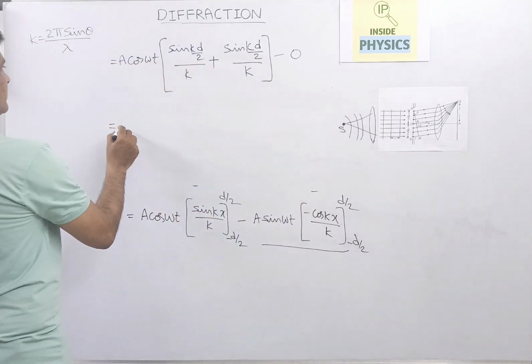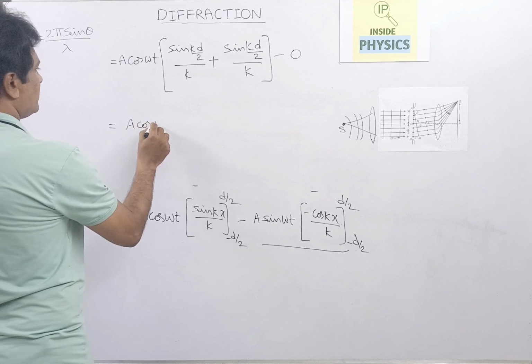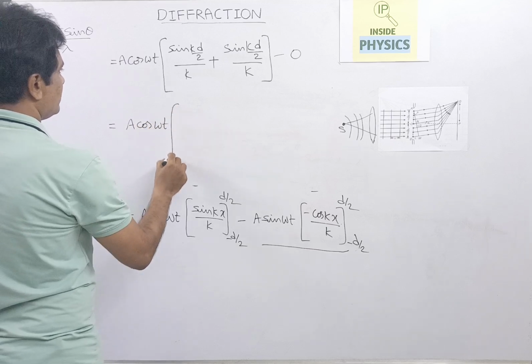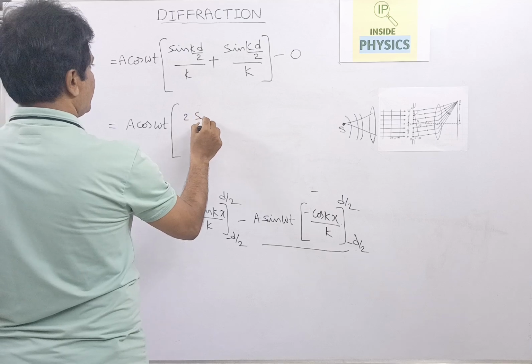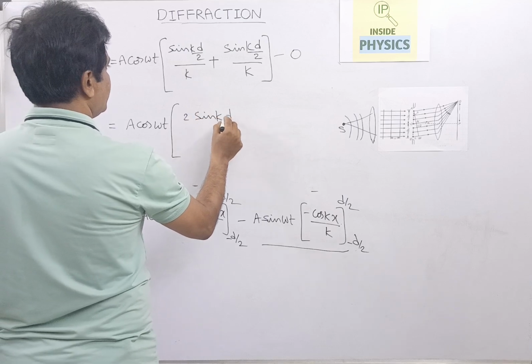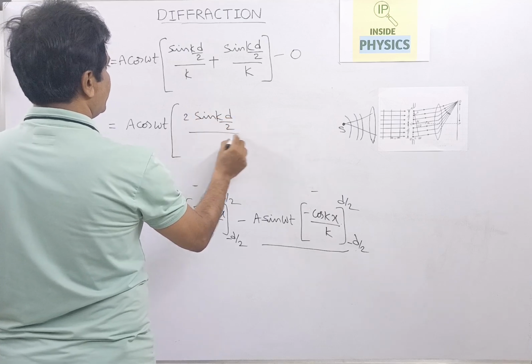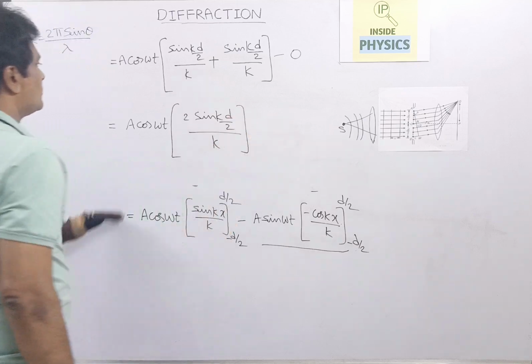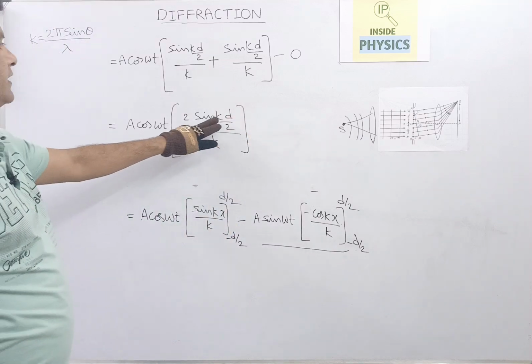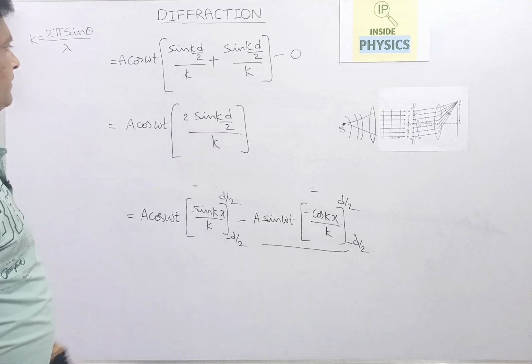So here we can write a cos omega t, 2 sin k d by 2 by k minus 0. So we have this term 2 sin k d by 2 by k.